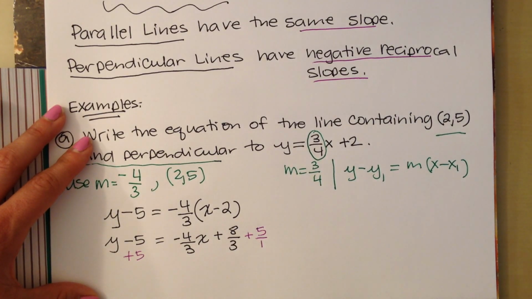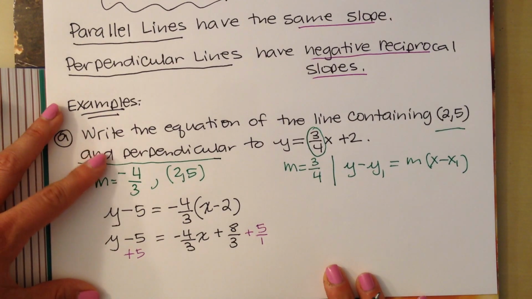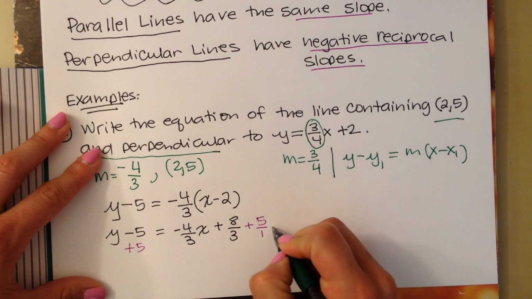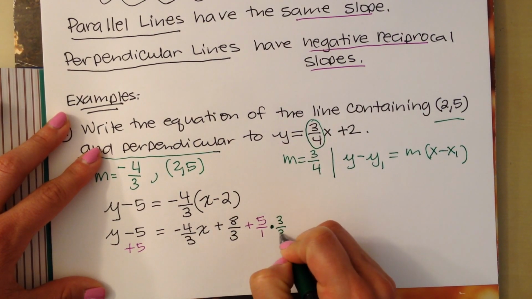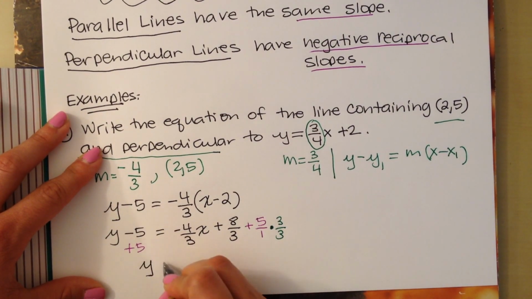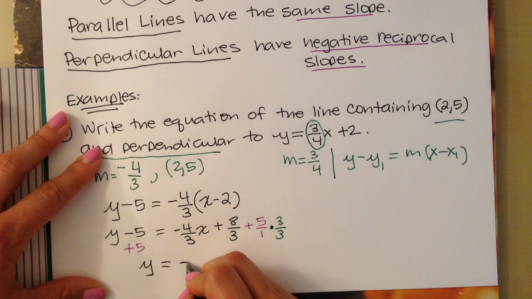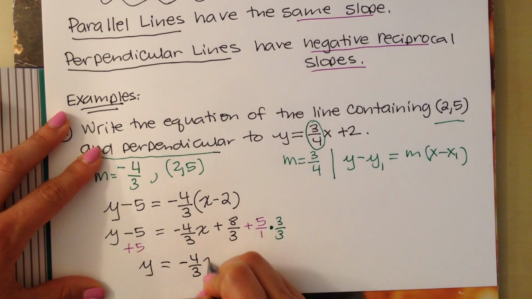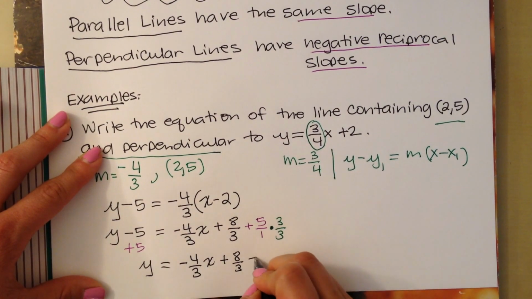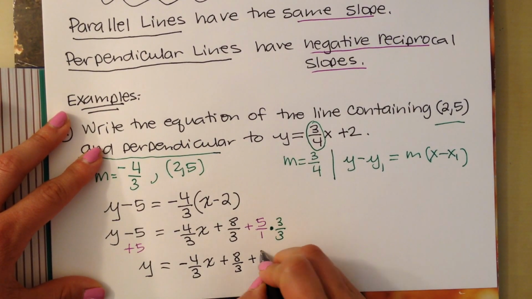Common denominator will be 3, so we need to multiply here by 3 over 3. Which gives us y equals negative 4/3 x plus 8/3 plus 15/3.